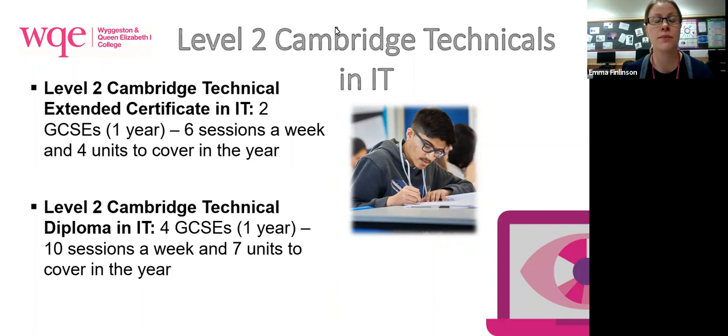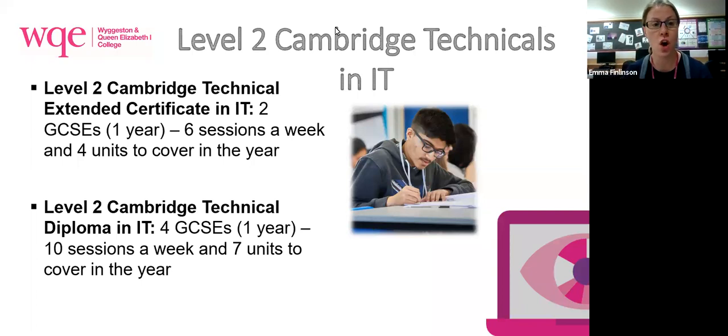So you would finish the course at the end of 1 year with 2 GCSE equivalents. This smaller size course is 6 sessions of teaching per week, and over the whole year we cover 4 different units over a range of different subjects around IT.